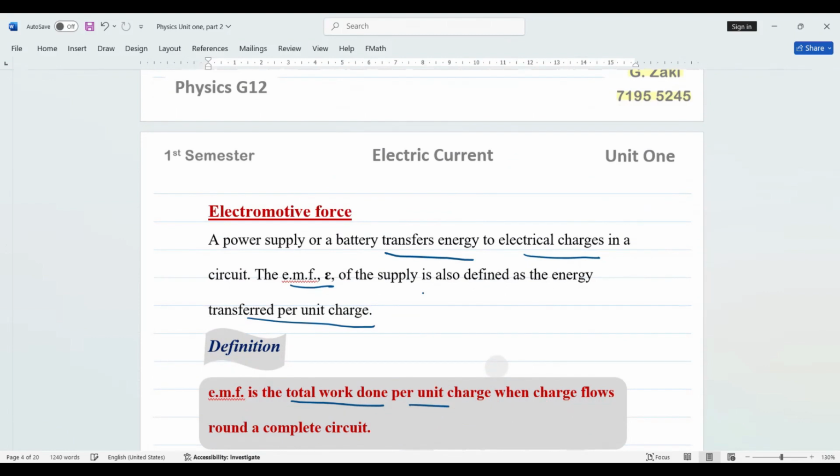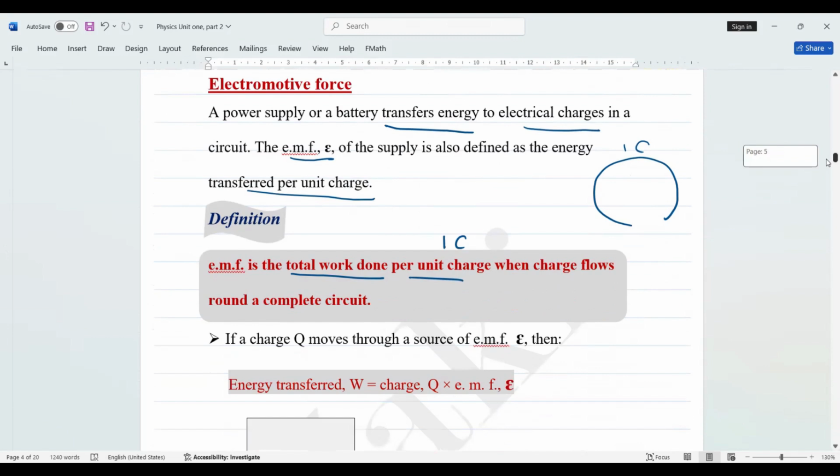When the charge flows around a complete circuit, then when we move 1 coulomb in the complete circuit, the work done to move 1 coulomb around the complete circuit is called EMF, denoted by E. It is the same, energy transferred per unit charge, but around the complete circuit.